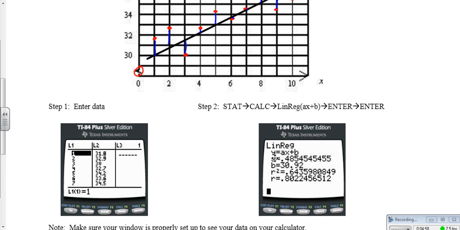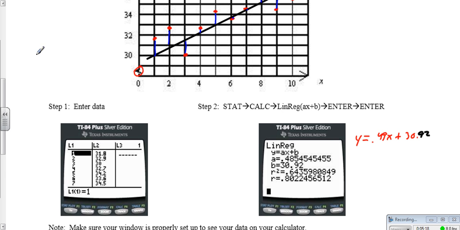Notice that it has y equals ax plus b. It tells you a, it tells you b. So you'd say y equals a, which is 0.49, and the longer the decimal, the more accurate the answer, x plus b, which is 30.92.